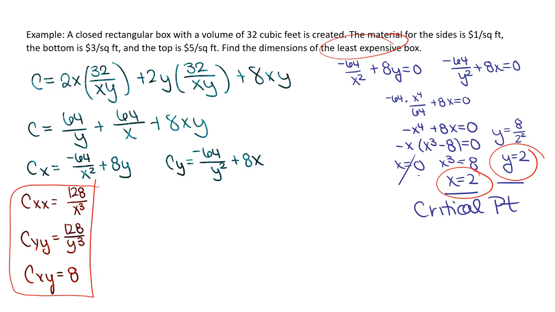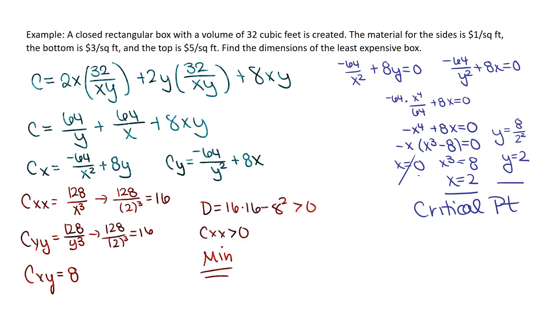So the derivative of cx with respect to x should be 128 over x to the 3rd. The derivative of cy with respect to y is 128 over y to the 3rd. And then the derivative of cx with respect to y is just 8. So I'm going to plug my critical point, x equals 2, y equals 2, into each of my second partials.